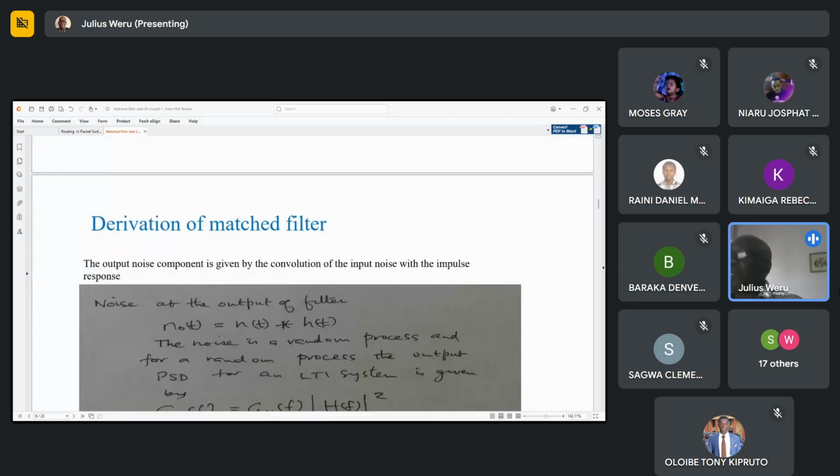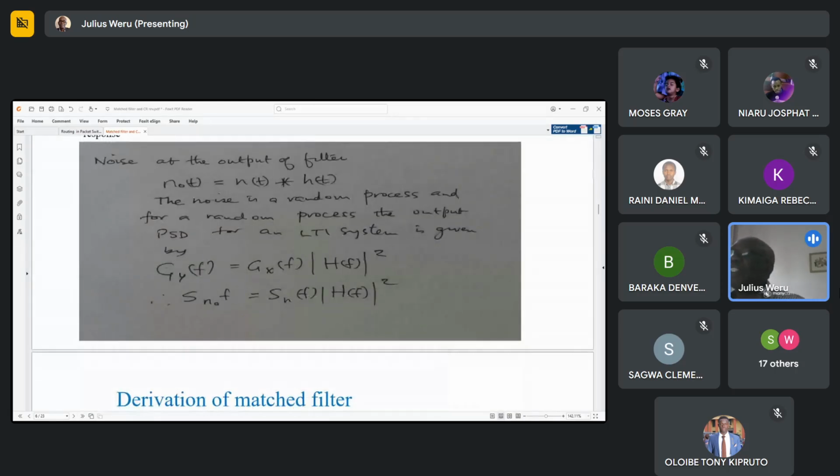The noise is a random process, and for a random process, the output power spectral density for a linear system is given by this. Actually this one can be derived. You can look in the textbooks and see the derivation, but for our case, we will not expect you to derive it. It's a long derivation. It's not an axiom. You can actually derive it.